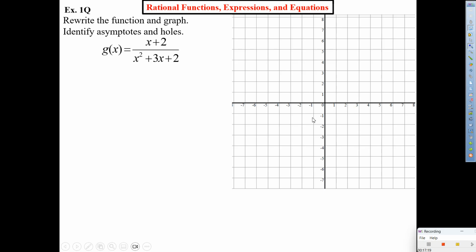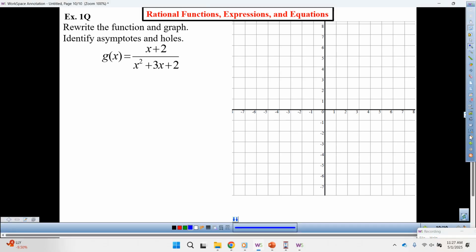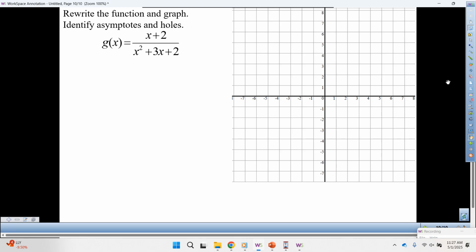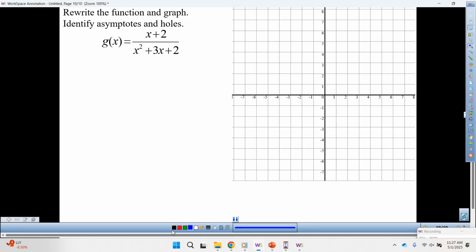All right, let's see where we're at. Step 1, we're going to start by factoring. So we got g of x equals 1 times x plus 2 over, that's 2 and 1.